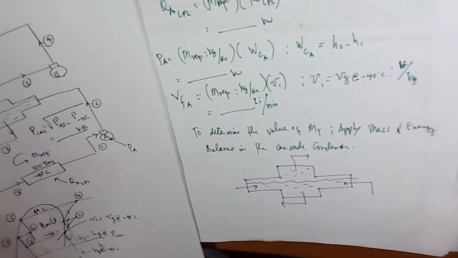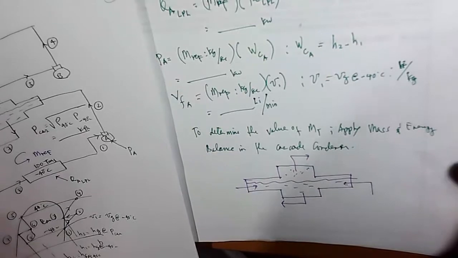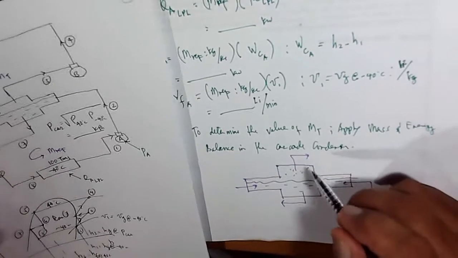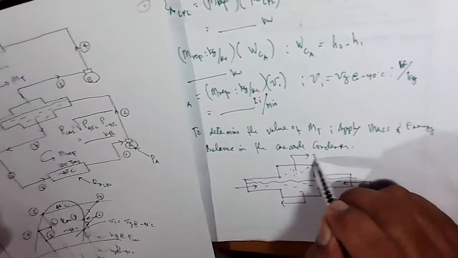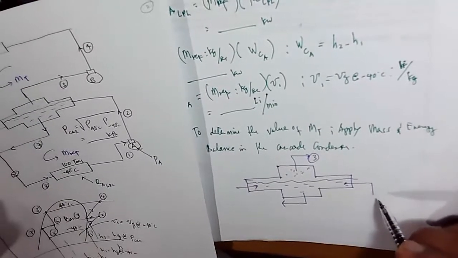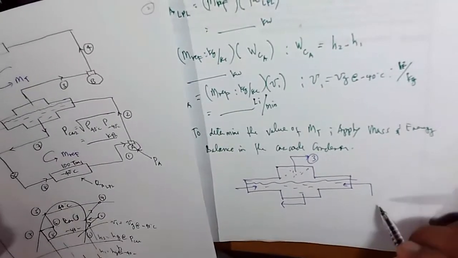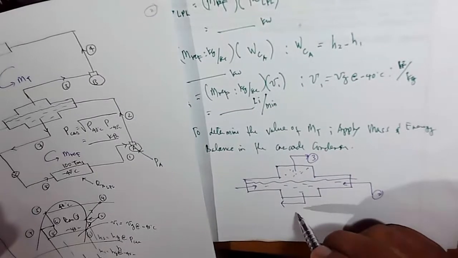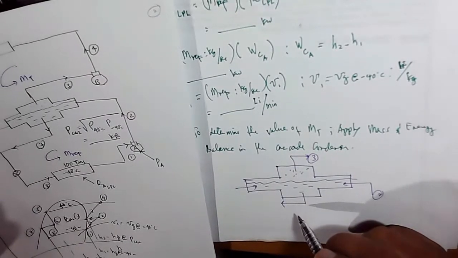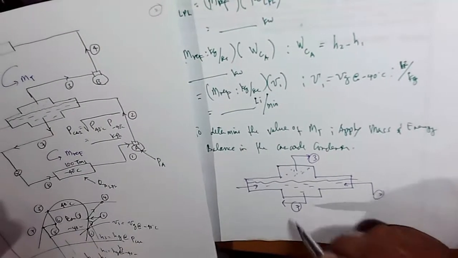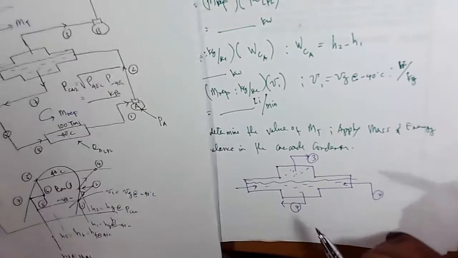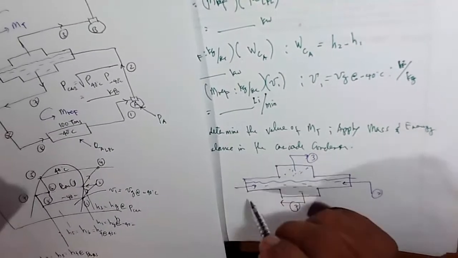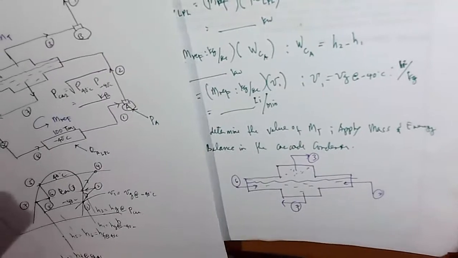Then apply energy in, energy out. Okay, so this is considered point 3, this is considered point 2, this one is point 7, and this one is point 6.